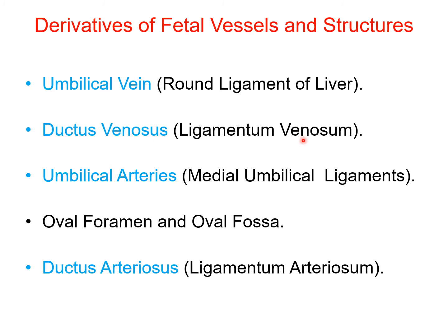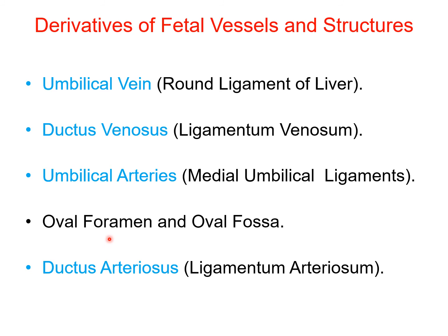In adult life, the umbilical arteries, which are closed at the time of cord clamp, their distal part becomes medial umbilical ligaments, and their proximal part remains as it is, functional as superior vesical arteries for supplying the urinary bladder.